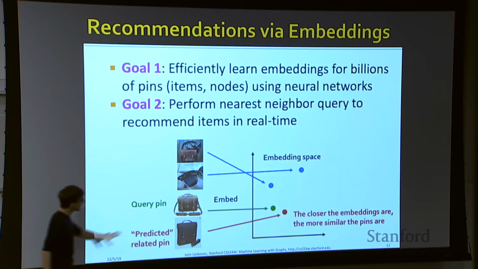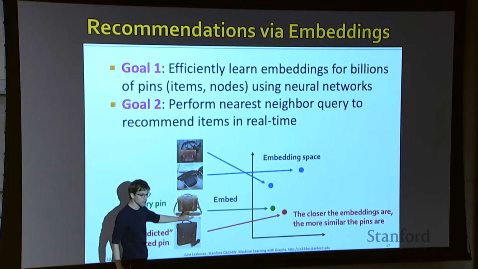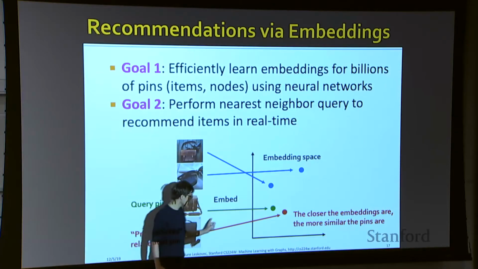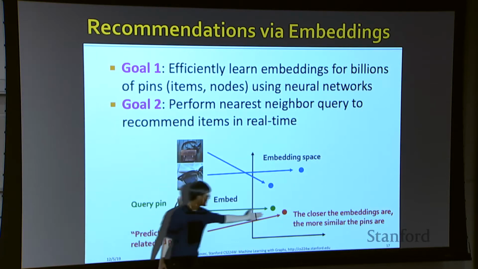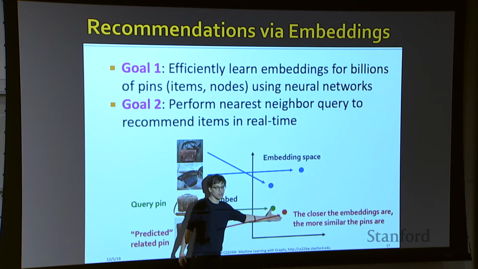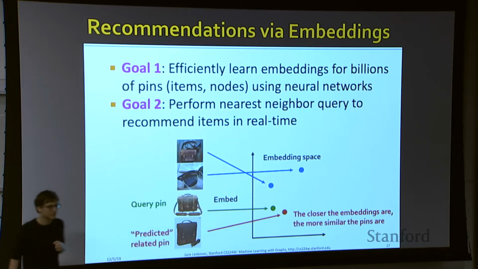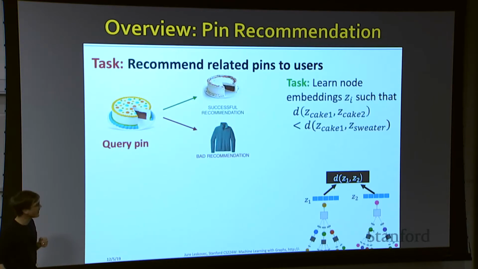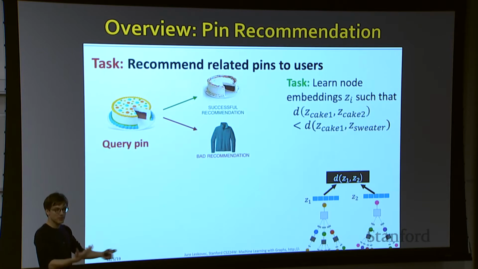So this is what we will try to do. And our goal, of course, will be to learn this function that takes the objects and puts them into 300-dimensional space so that related objects are close together, okay? So here's the idea. At a very high level, our goal will be to embed related objects together using some user behavior data.